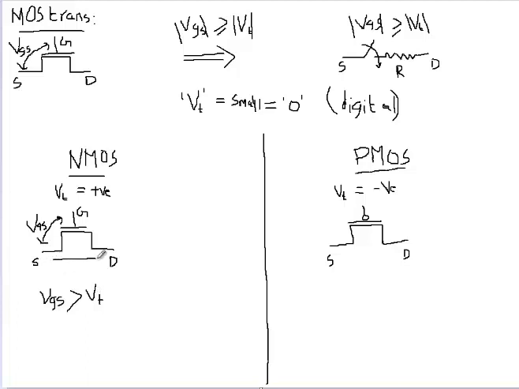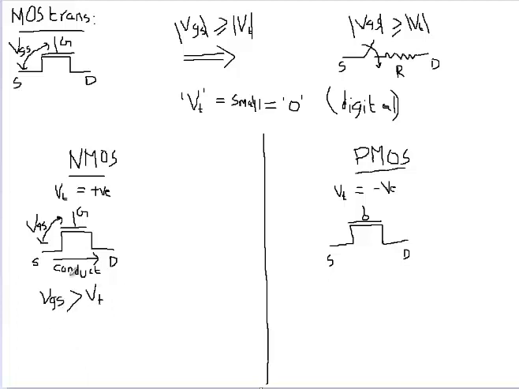It will become a closed switch. Basically the switch we are talking about will get closed and your NMOS will conduct. It's good that I write conduct over here so that it will be clear. My handwriting is bad, but as long as you understand what I'm writing, it is good enough.